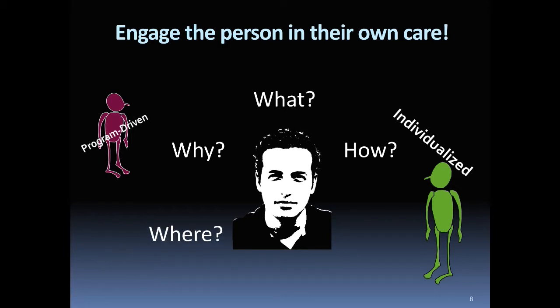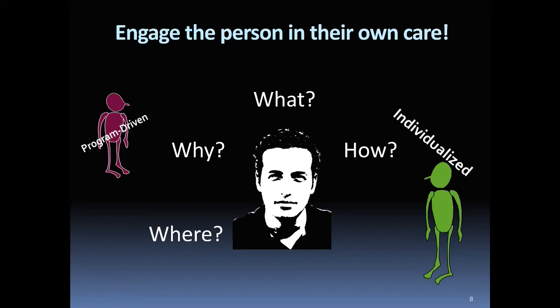Where? So right here you want to ask the client where they would like to receive treatment. Hopefully there are multiple options in this. When you ask this question, sometimes it may be limited. However, remember the importance of whole person centered care is that we want to give the client as many options and choices as possible.